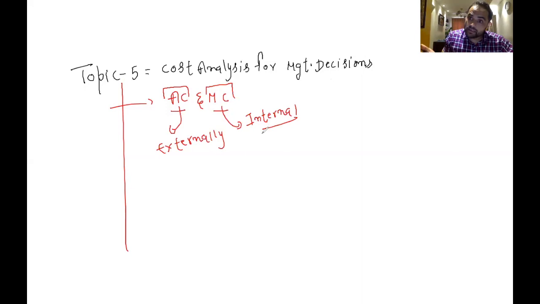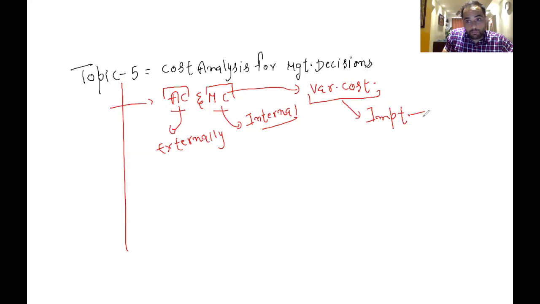Let me explain why it's internal. Marginal costing focuses on variable cost, and variable cost is important for decision making. Why is it important for decision making? Because it's relevant. Why relevant?